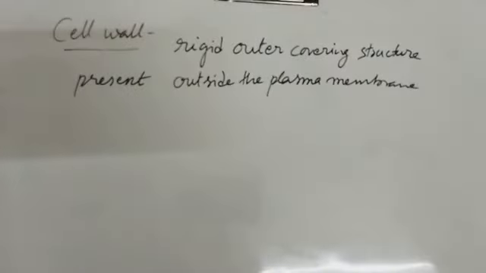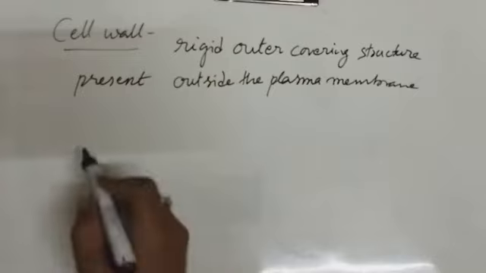I already told you, the cell wall is present in plant cells, fungal cells and bacterial cells. In all these different organisms, is the cell wall made up of the same material? No. The cell wall is mainly made up of a large amount of carbohydrate. As the cell wall is present in different organisms, different carbohydrates are part of the cell wall.